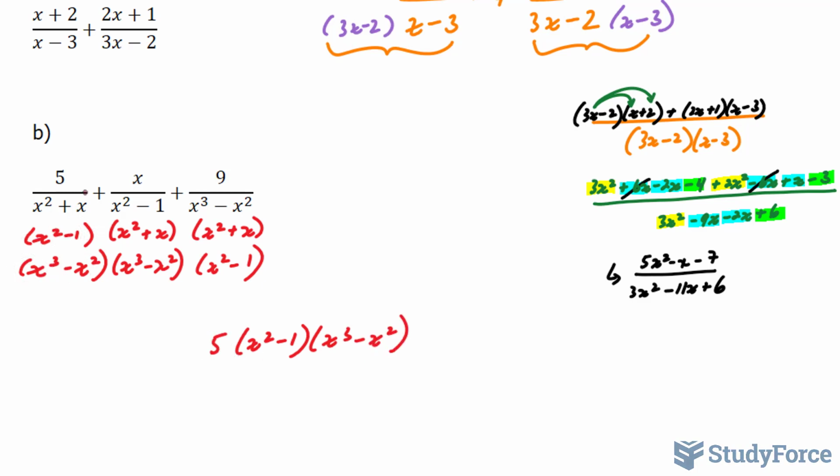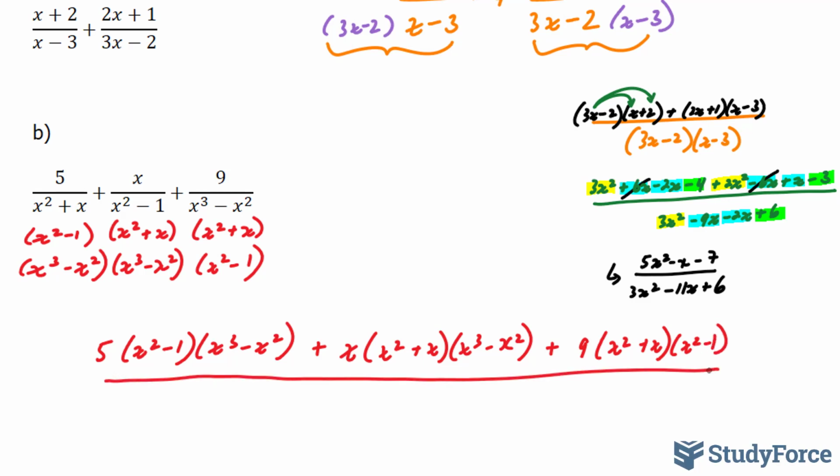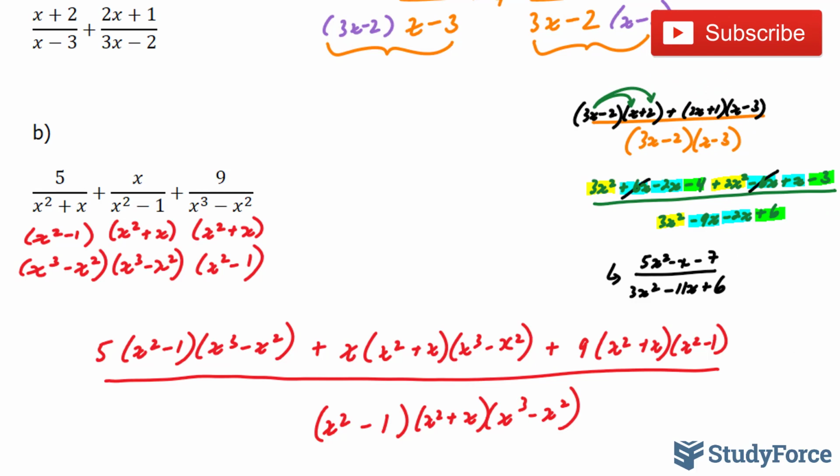So I multiply these two by 5, plus x times (x squared plus x)(x to the power of 3 minus x to the power of 2), plus 9 times (x squared plus x)(x squared minus 1), all over (x squared minus 1)(x squared plus x)(x to the power of 3 minus x to the power of 2). So you have this very long combined fraction now.